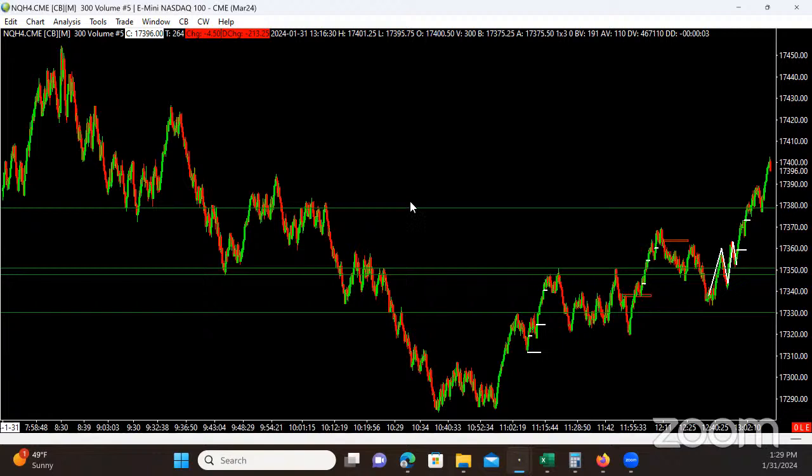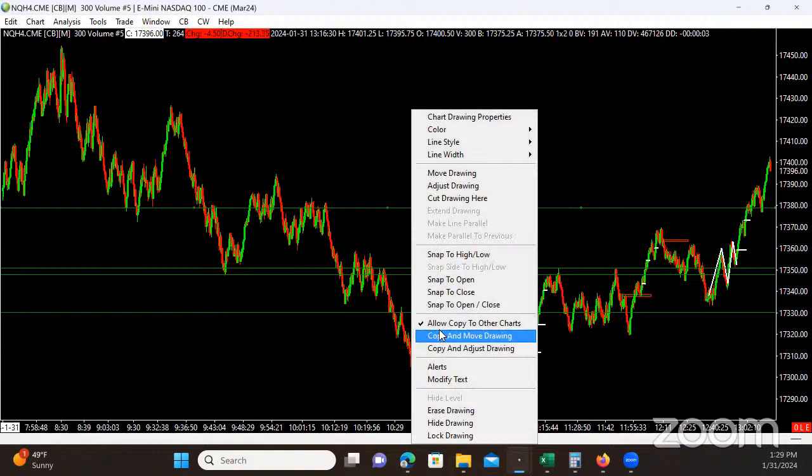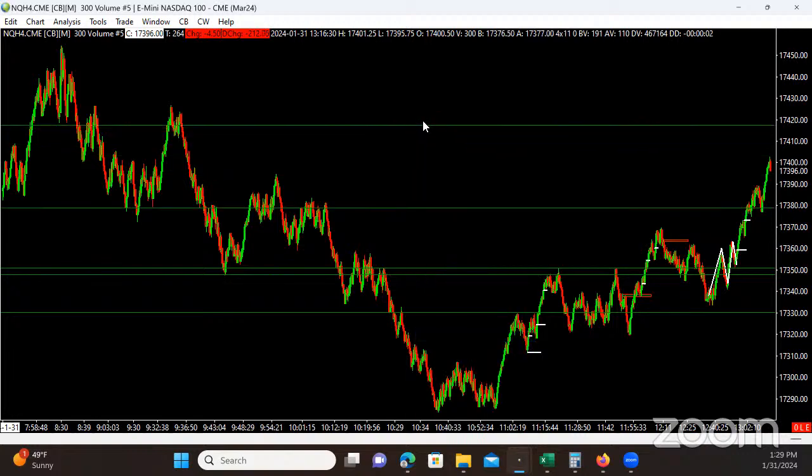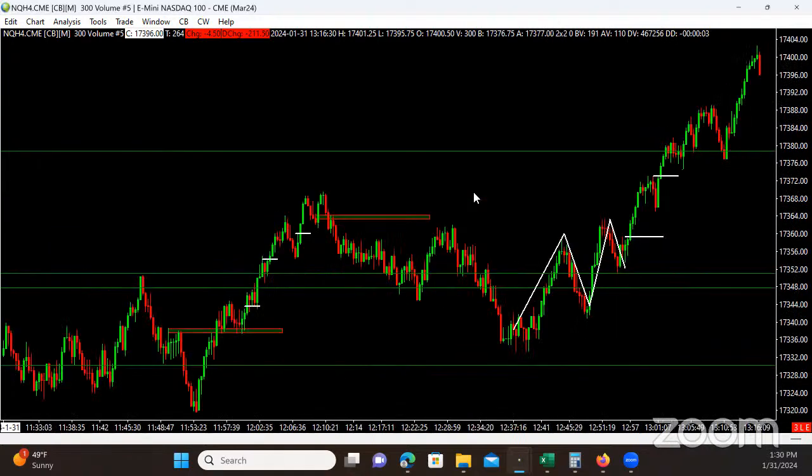Now, my next area going up, all I got to do is look straight across. And I see my next equilibrium area right about there. Right. So now at this point, again, since I know that for a fact, I'm going to wait. I'm going to get in. I might get in right here.